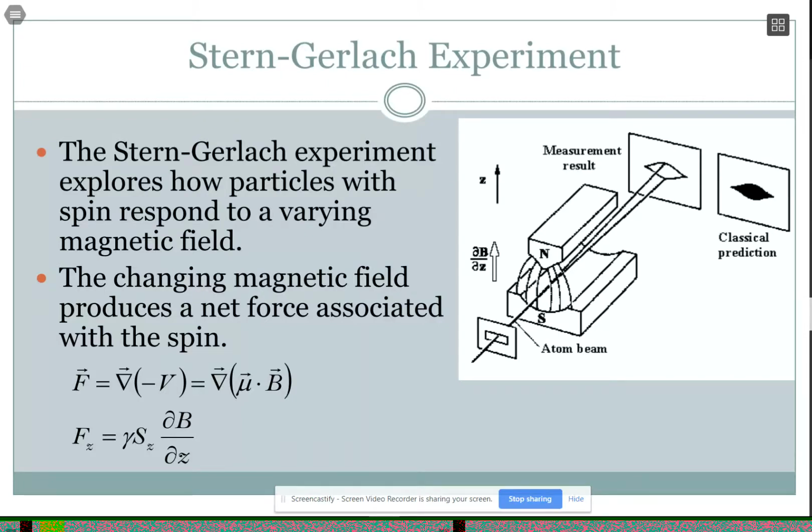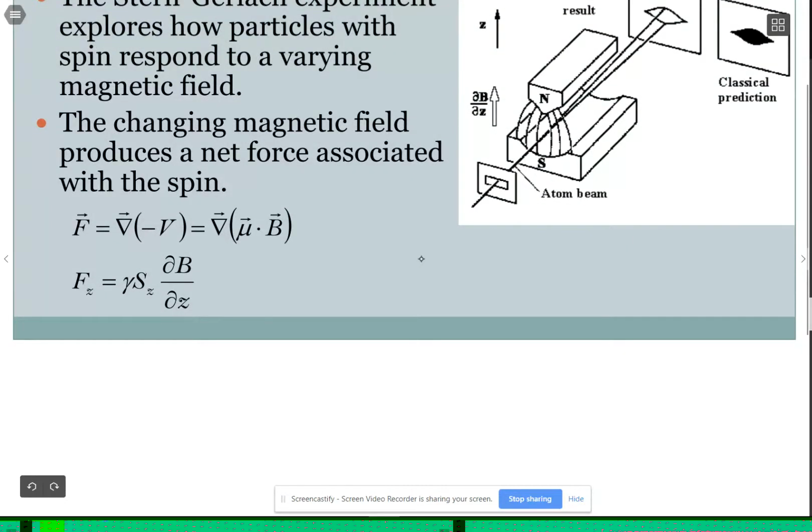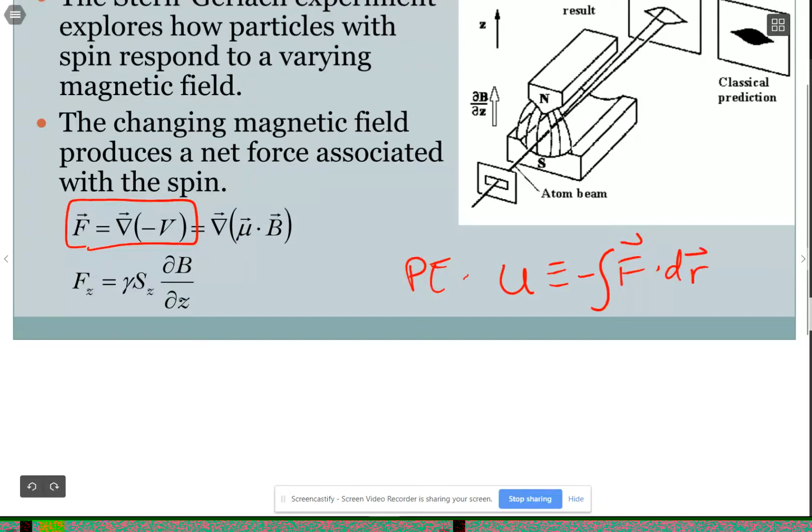So this here is showing how you get the calculation for the force. The force is, by definition, equal to minus the gradient of the potential energy. Potential energy U is defined as minus the integral of force dot dr, with dr making it three-dimensional.